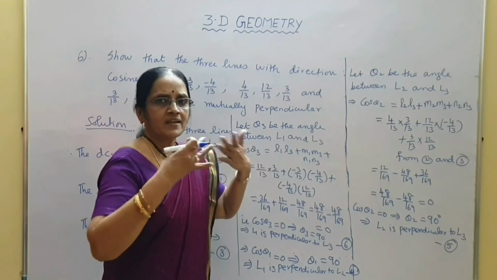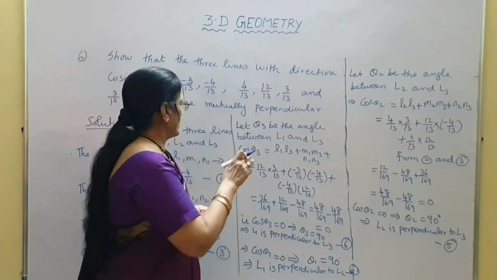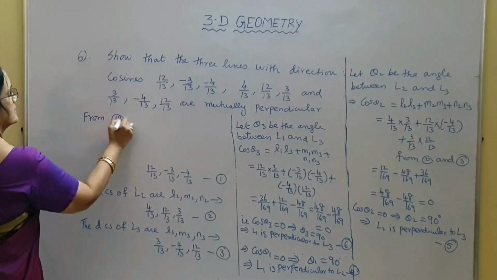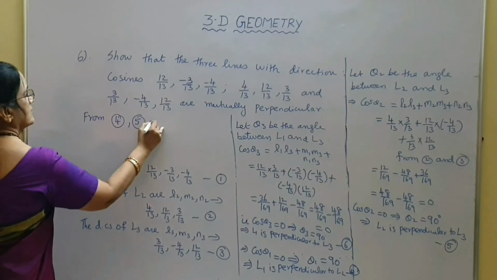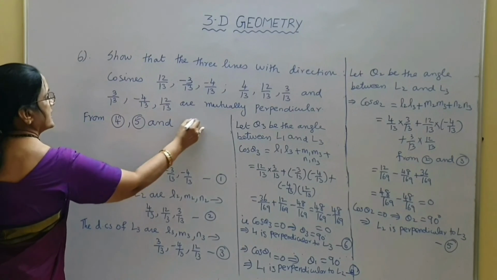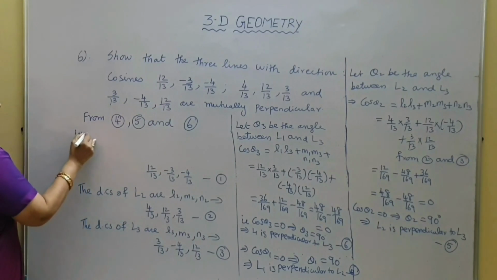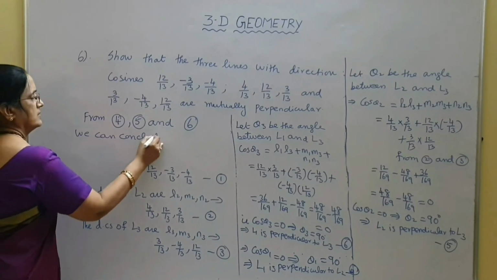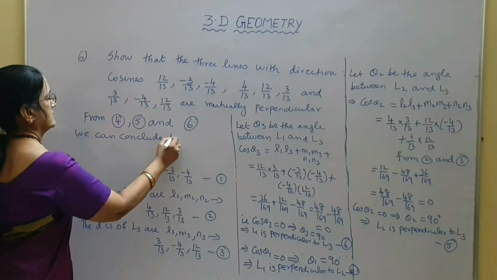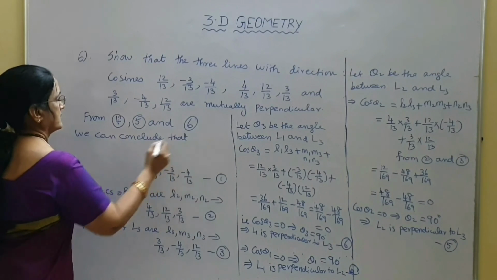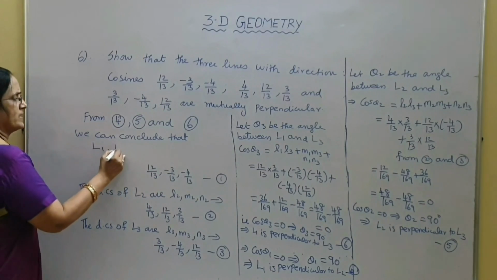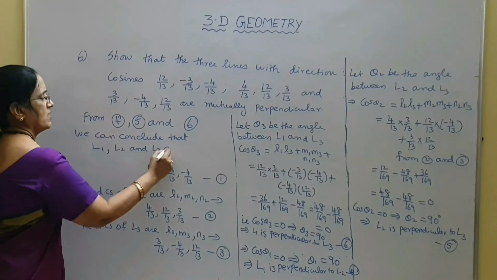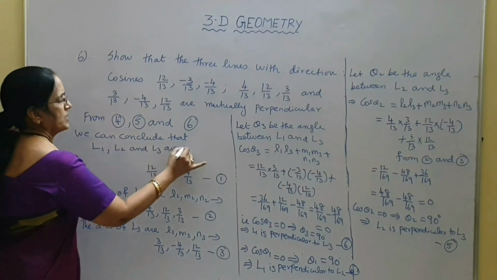They are mutually perpendicular. So, finally, from 4, 5 and 6, we can conclude that the lines L1, L2 and L3 are mutually perpendicular.